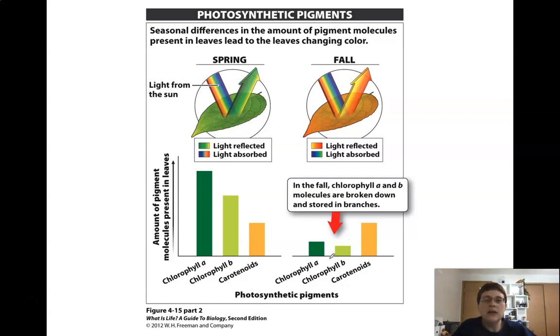Because these are expensive molecules, so they don't want to throw them away. So they're going to store those molecules, which means there aren't a lot of them out there anymore. And it's mainly the carotenoids that are going to be left in the leaves.